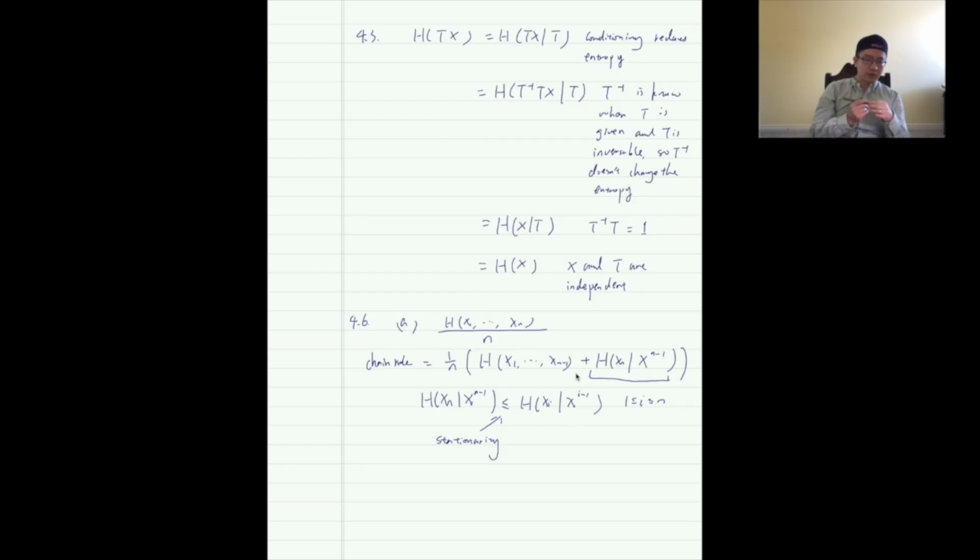So therefore, let's do a summation of i from 1 to n minus 1, right? If we do that, then each of the terms will be bigger than this one, right? So it means that we need to do a summation from i from 1 to n minus 1. That will be less than or equal to, so this is from here, right? Minus 1.